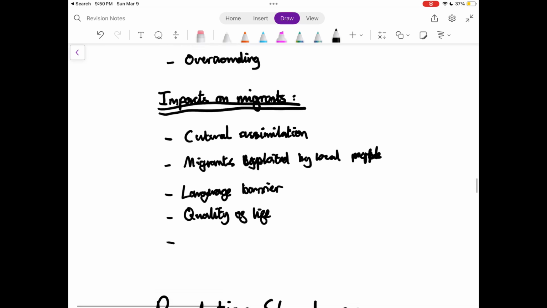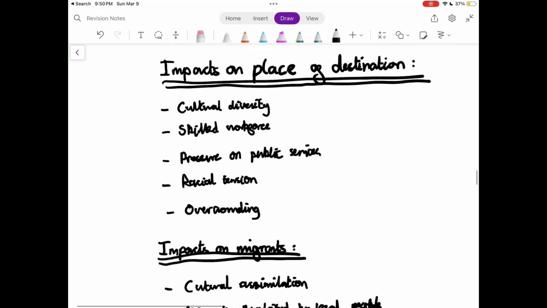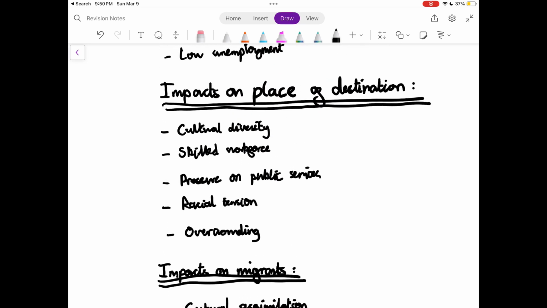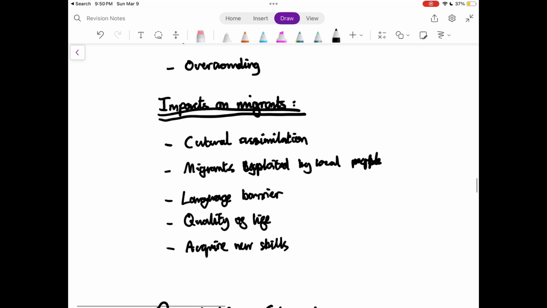And also they might be able to acquire new skills. And this also interlinks with cultural diversity and the impacts of the place of destination, because there will be an increase in cultural exchange between the different groups of people, so they'll be able to acquire skills from one another.